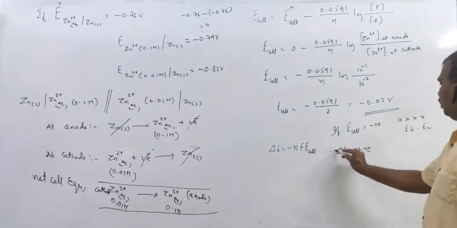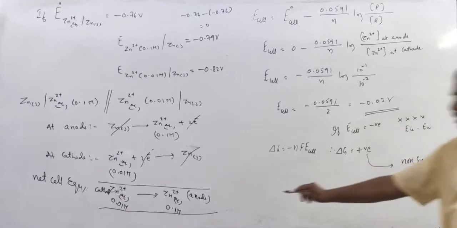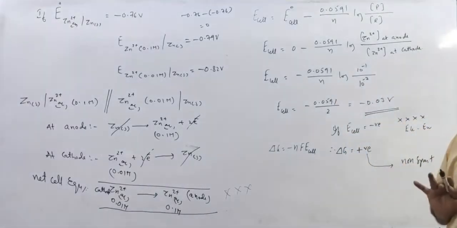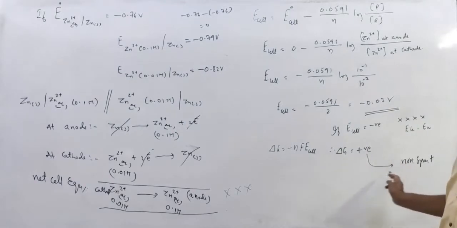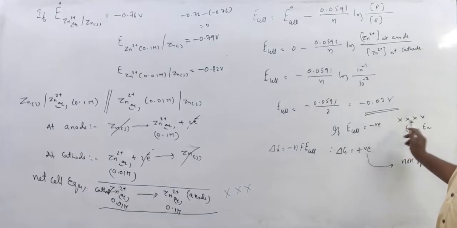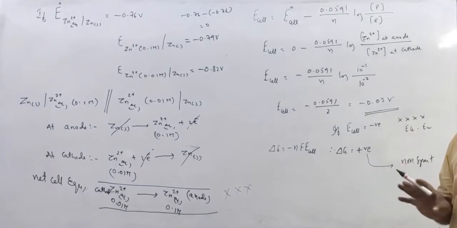So therefore, del G is positive. If del G is positive, the reaction is non-spontaneous. So that means this reaction does not happen. So the reaction is non-spontaneous, therefore E cell is negative, and the cell does not produce electrical energy.